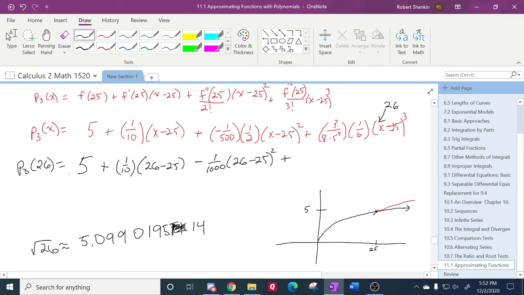Now, this is going to be 5 plus 1/10 times 1, so it's 0.1. But notice 5 plus 0.1 is a little bit of an overestimate. It's on that red line. This is going to be a correction factor for us. Minus, now this 1 squared is just still 1, so minus 1/1000.